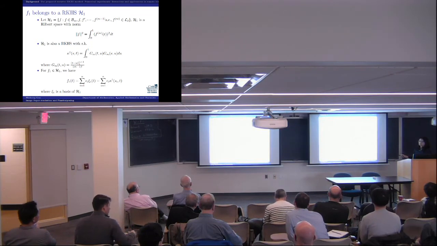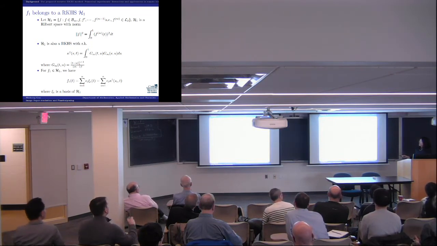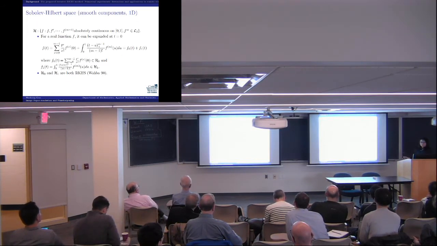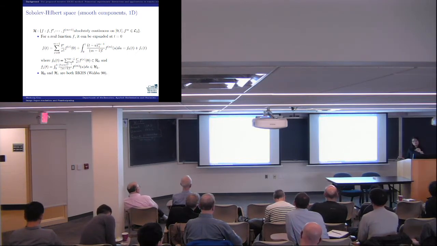It needs some computation, but they're all manageable. So if you are talking about something in the Sobolev Hilbert space, basically you have two components: the polynomial, which is super smooth, and some residual. Each one of the components has a kernel attached with it, which makes our computation very convenient.